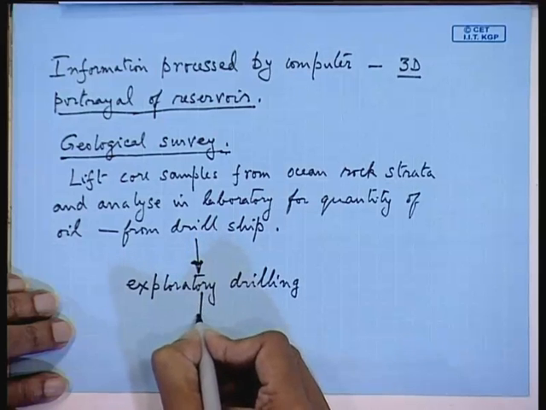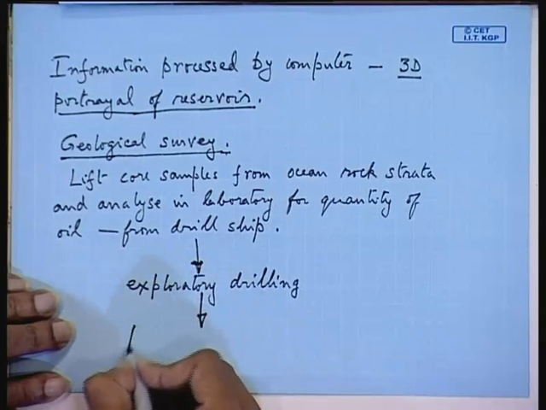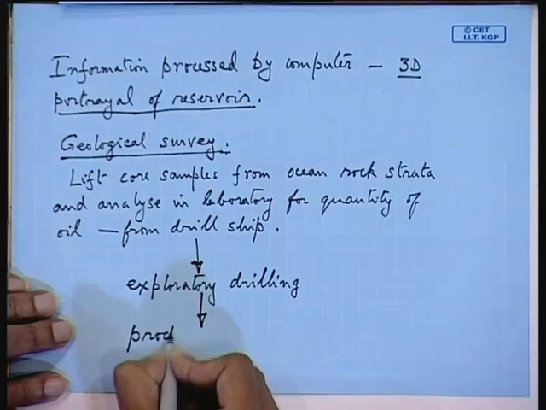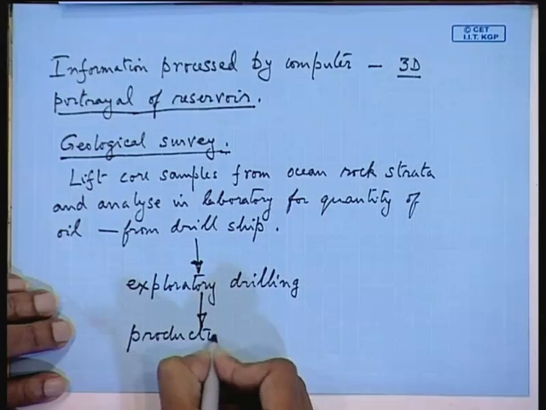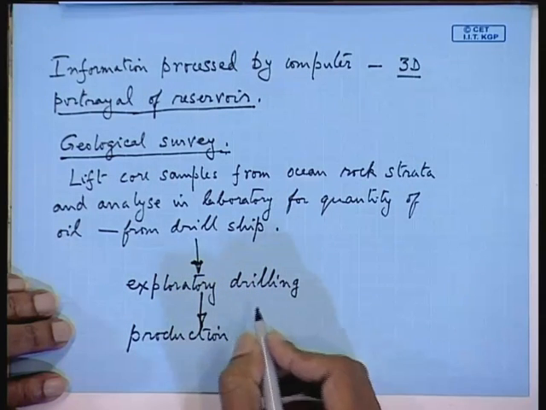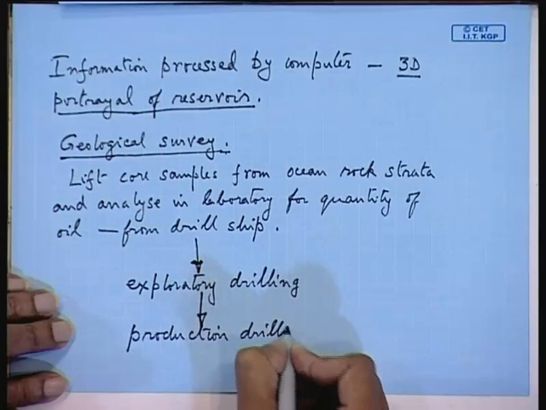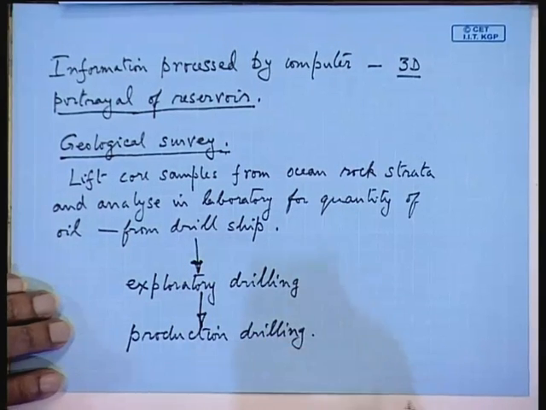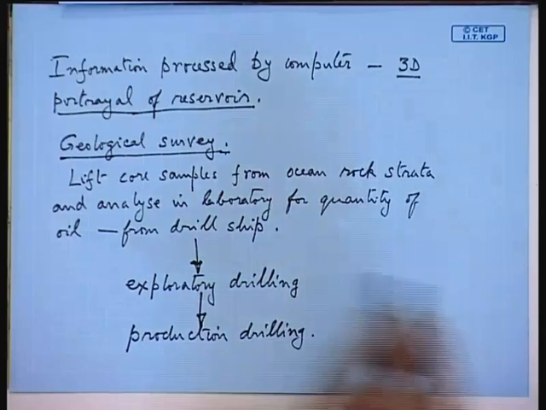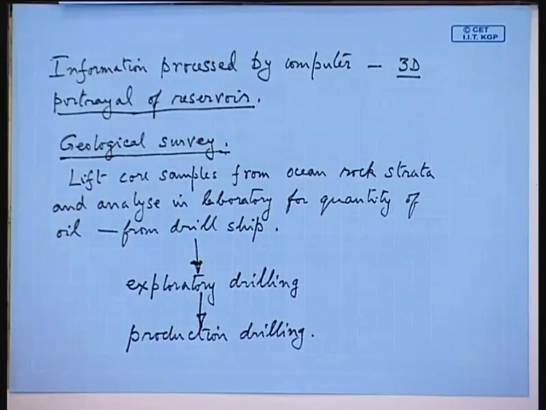After this, you go for production. In the next class we will discuss this. There are two methods of drilling. So, this is how you go to lift oil from your seabed. Okay, thank you.